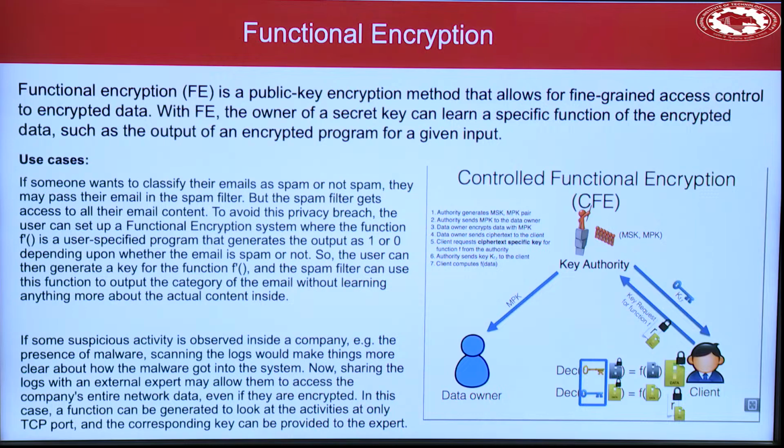We do not want to reveal all the messages. I am more interested just to know whether this particular email is spam or not. So I can create functional encryption, encrypt that particular email, send it to the scanner, give them a key, and they can access that rather than accessing everything, right.